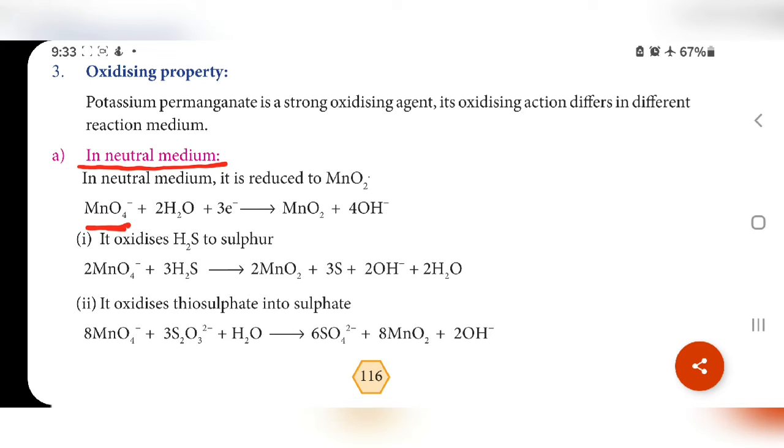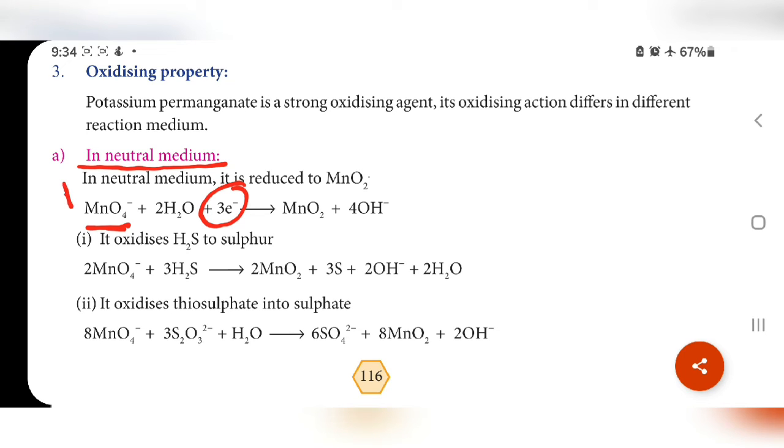Potassium permanganate is a strong oxidizing agent. That means oxidizing agent means what? It gains electron. So here it gains 3 electrons and is converted into MnO2. If you know how to find the charge of Mn, we can easily understand.